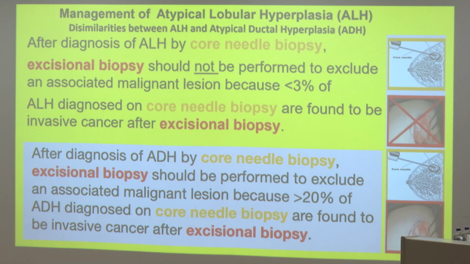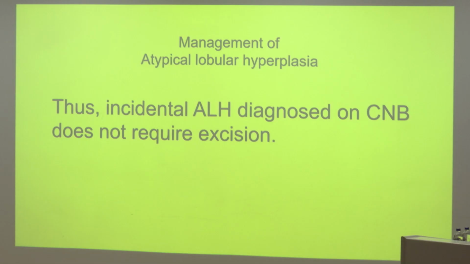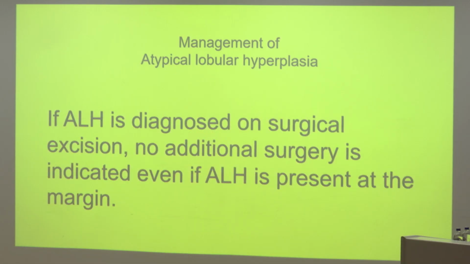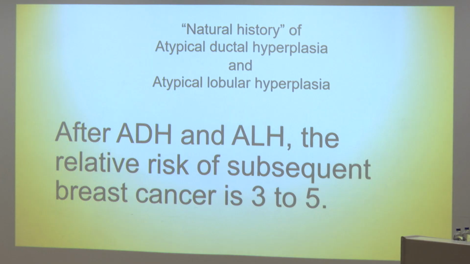So we don't need an excisional biopsy. You know, it's always a game of probabilities. It does not require excision, and if it's already found in a surgical excision, no additional surgery.